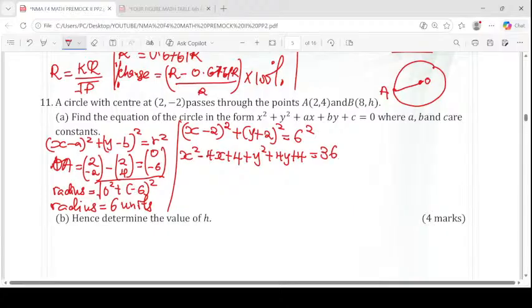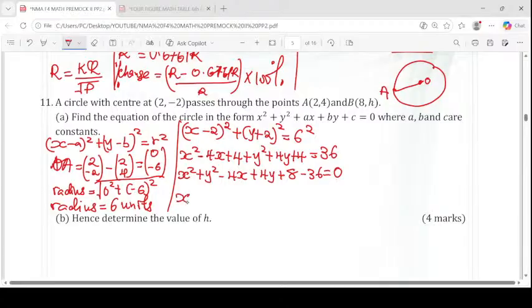So this can be written as x squared plus y squared minus 4x plus 4y plus 8 minus 36 is equal to 0.